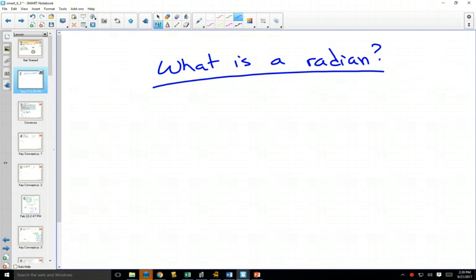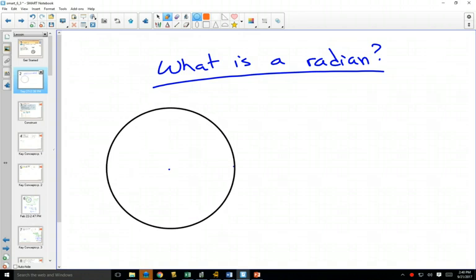So what is a radian? Well, first of all, we're going to draw a circle. I'm going to use this triangle for the radius here. Now, this is my radian learning tool. It is a triangle. Does anyone know what kind?